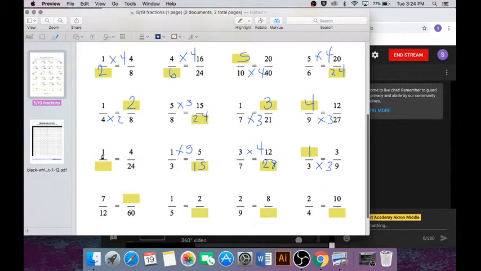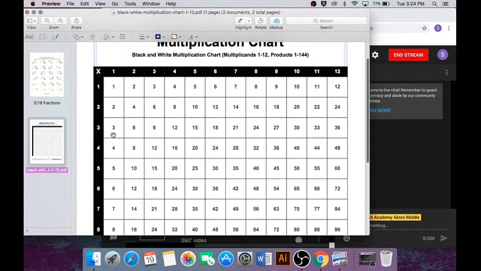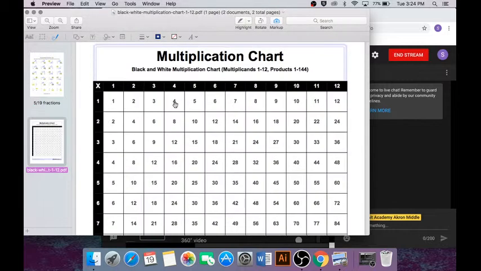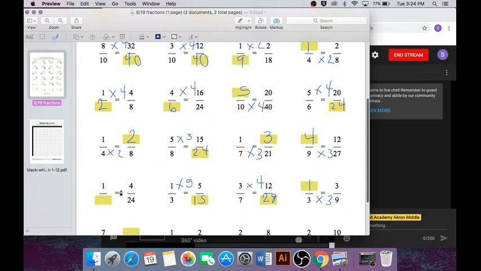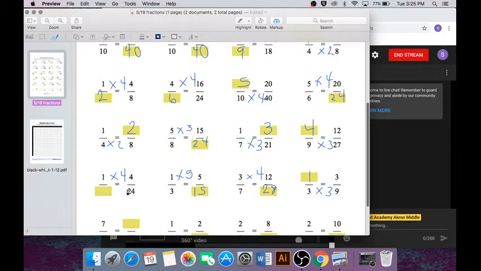Over here, we start with 1, and we need to see 1 times what gives us 4. So in our 1 times table, we find 4. We see that 1 times 4 is 4. Okay, we have our second denominator, so we're going to need to divide.